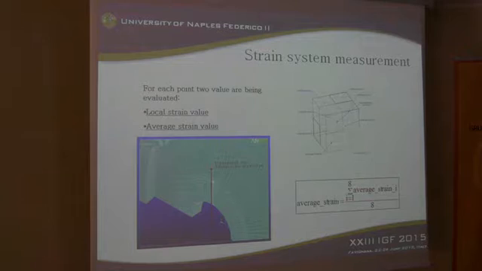The local strain value is the nodal value of the node nearest to the measure point, while the average strain value is the average of the nodal strain of the nodes contained in the gauge volume.